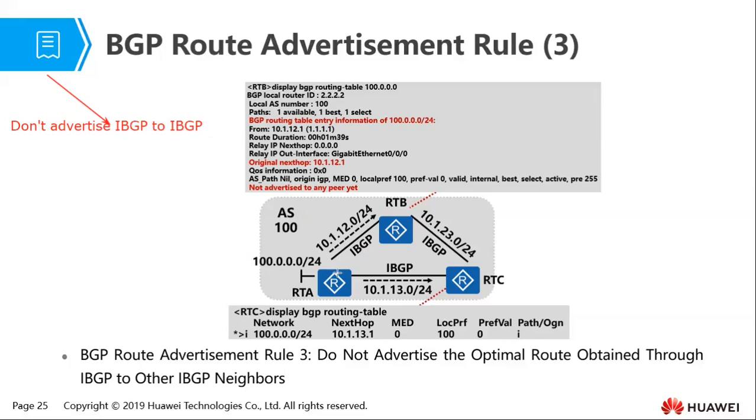Because if this one advertised to this one 100 and also advertised to this guy, then when RTB receives it, it advertises to RTC, then RTC will also return it to this guy. So that way it will form a loop. So in order to avoid a loop within an autonomous system, we put this rule number 3. You cannot advertise a route learned through IBGP to other IBGP neighbors.